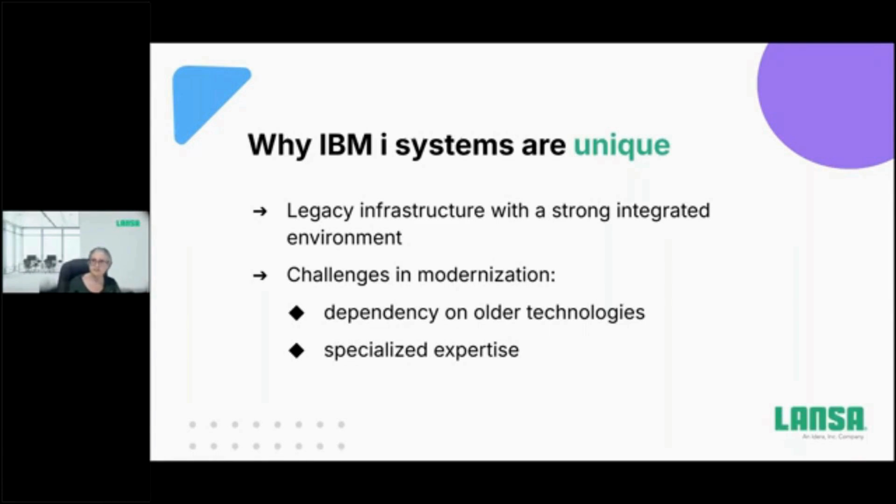It might be written in RPG or COBOL, but the IBM i itself, for those that are familiar with the IBM i, it's new. There's lots of new technology. It's kept up. You can host Node.js, you can host APIs, you can do web serving, all sorts of things that you can do on the IBM i. It isn't old technology, but some of the systems are.